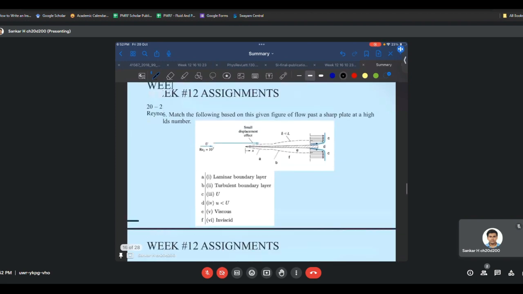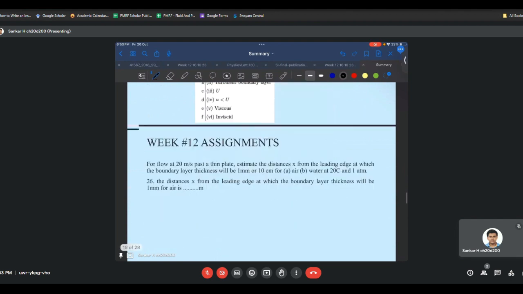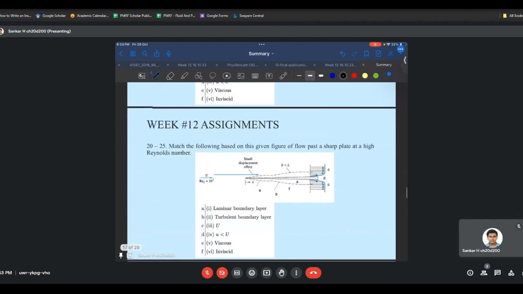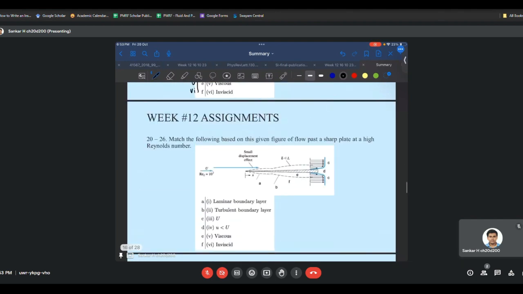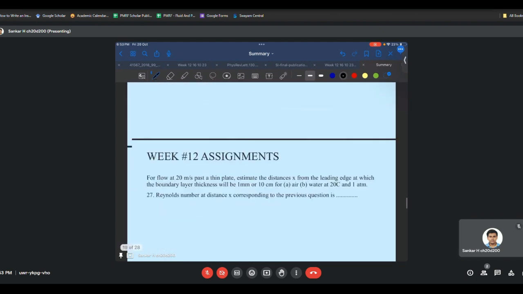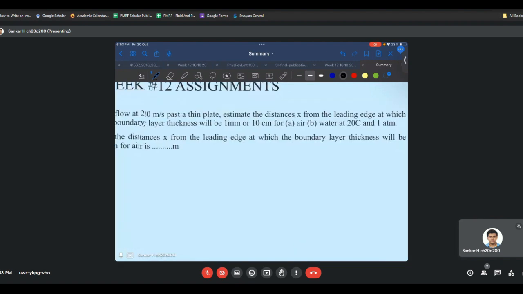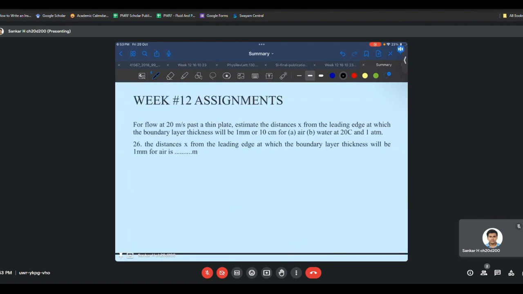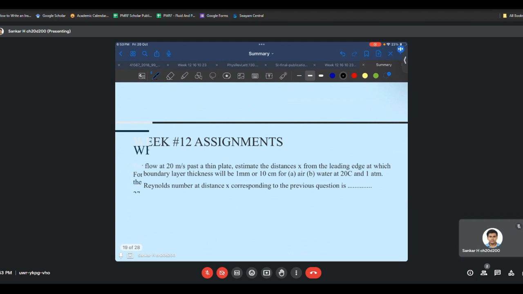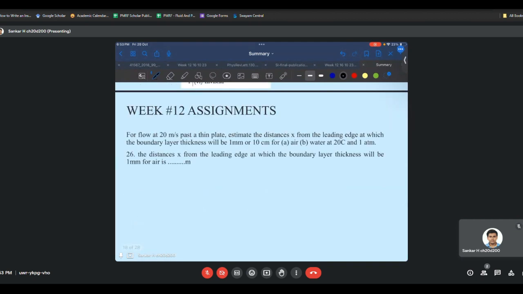I've just written down the same question here. Okay, I'll just do 3 questions from this and stop, and then go to the summary, because 26 to 33 is just a repetition of whatever we have learned.